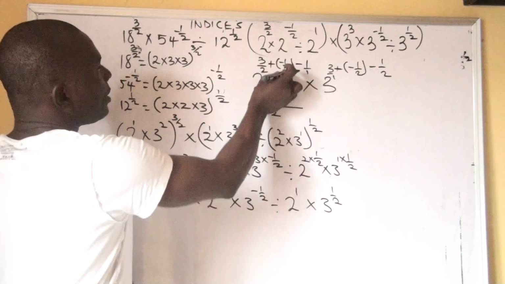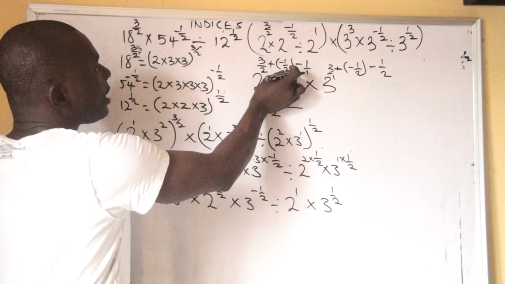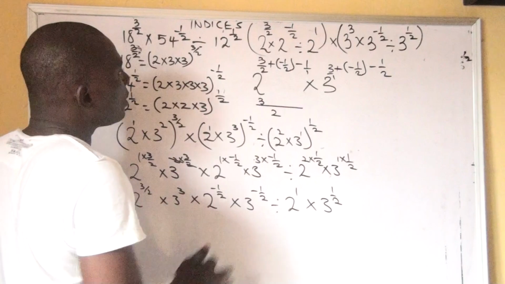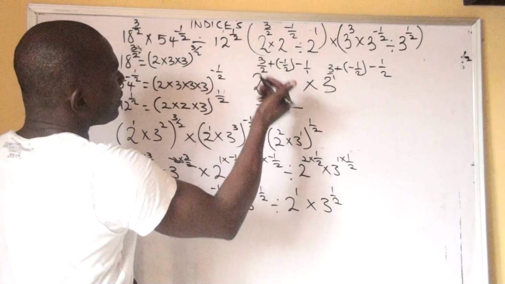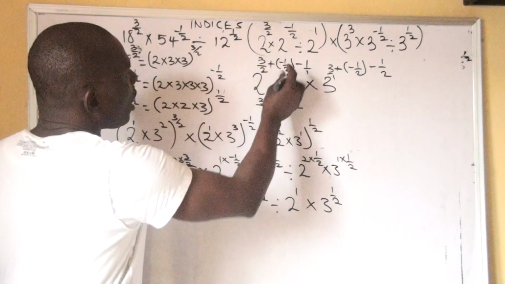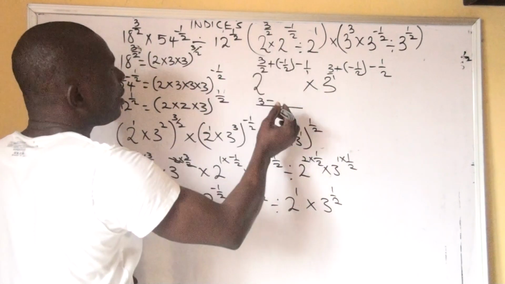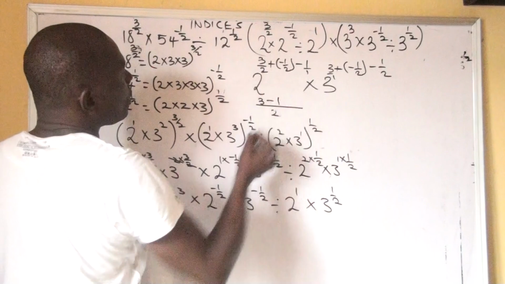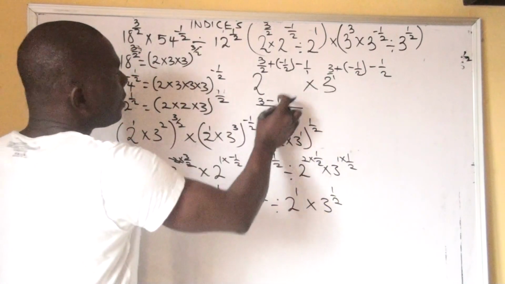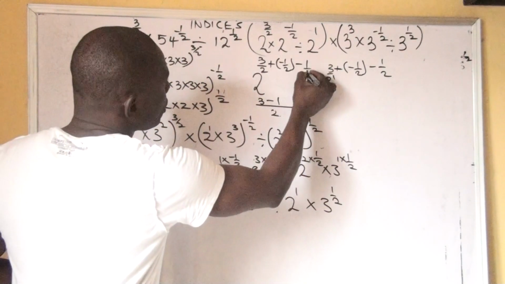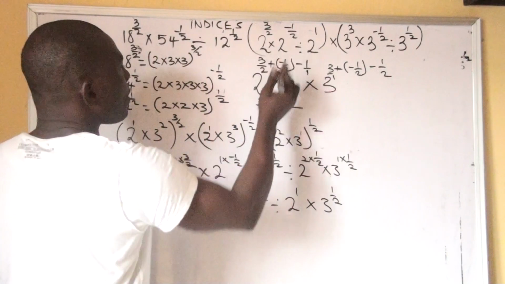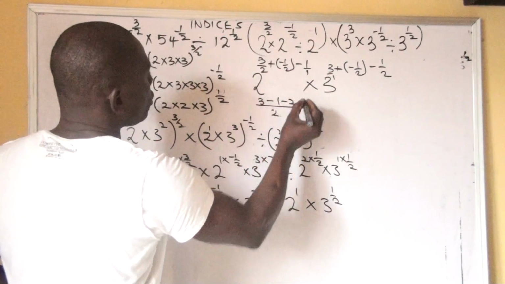Here 2 divided by 2 is 1. Plus minus is minus. So 2 divided by 2 is 1, times 1 is 1. So minus 1. Here 2 divided by 1, this one is over 1, is 2. 2 times minus 1 is minus 2.